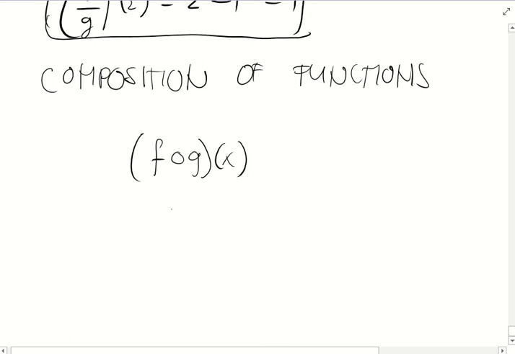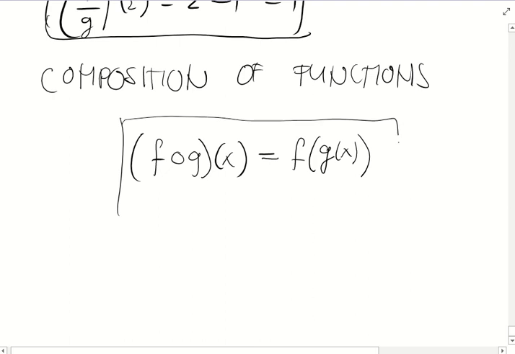We read this as f composed of g of x. So this is equal to f of g of x. So that's composition. We compose functions. So this is the basic definition of a composition.